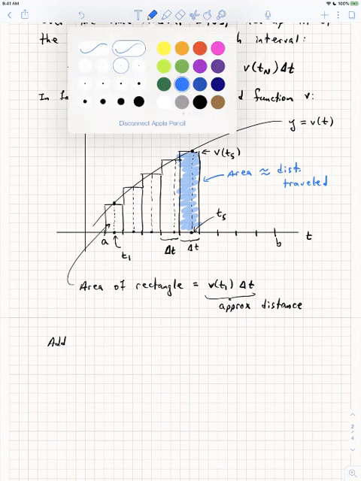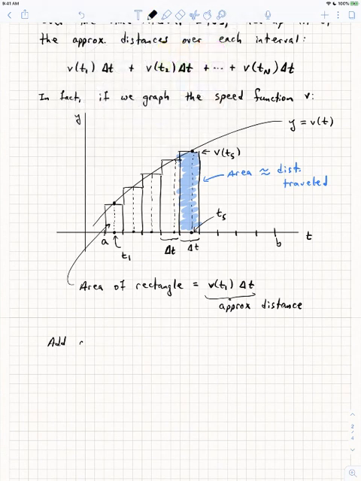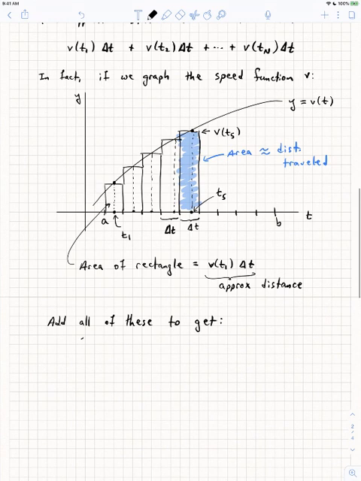And so if we add all of these together, what do we get? Well, one thing we get is the approximate total distance. But the other thing we get is the approximate total area under the curve.